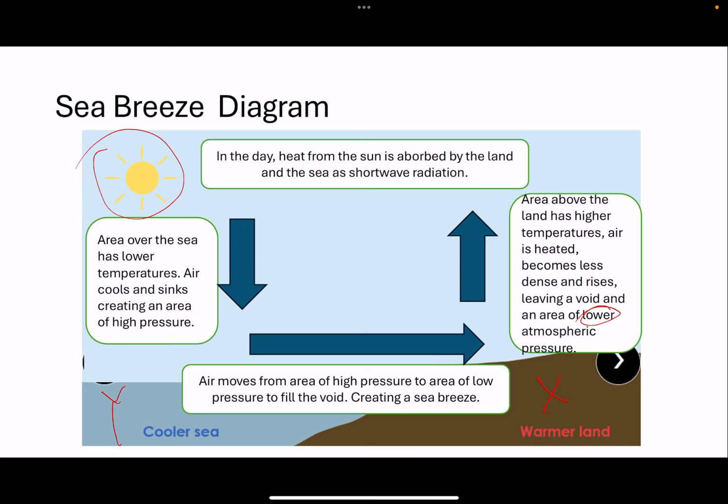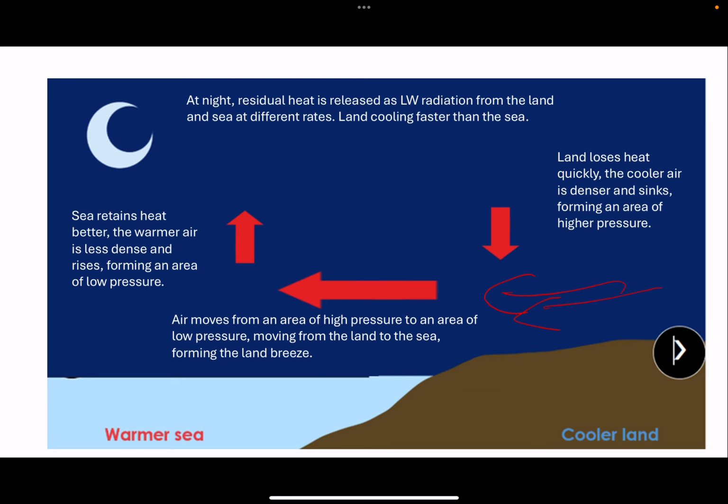This is cooler, so it creates an area of higher pressure. So wind will always move from high pressure to low pressure. Okay, high pressure to low pressure. So it moves from the sea, right where we are here, to land where we are here, forming the sea breeze. Right, so this is one of the two local winds that they can ask about.